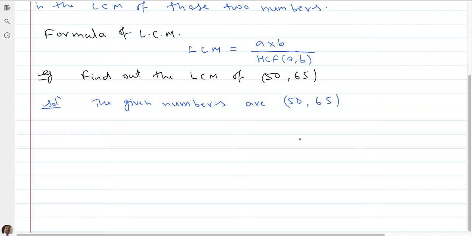The numbers can be written in the form of their prime factors. What is a prime factor?